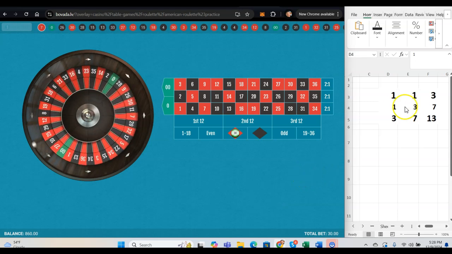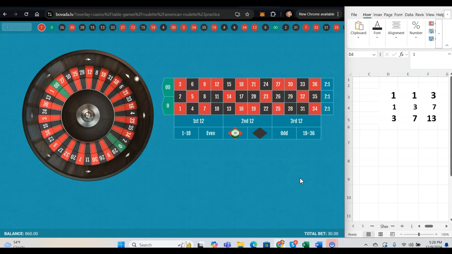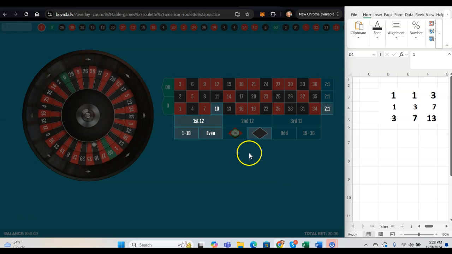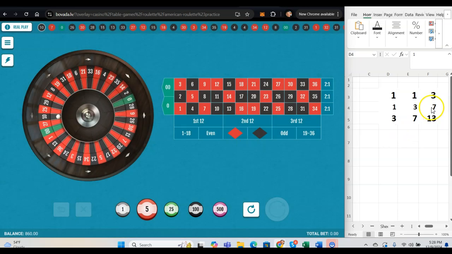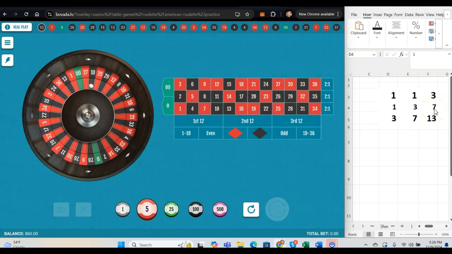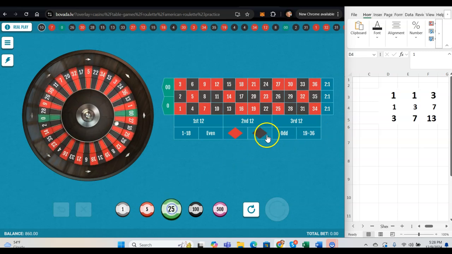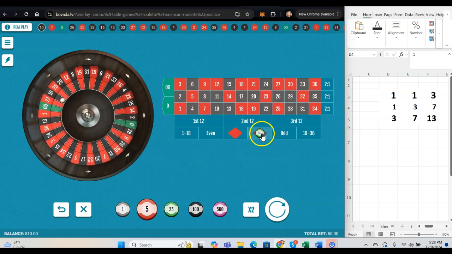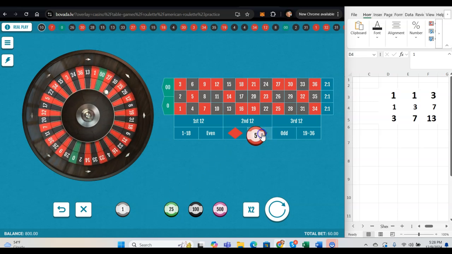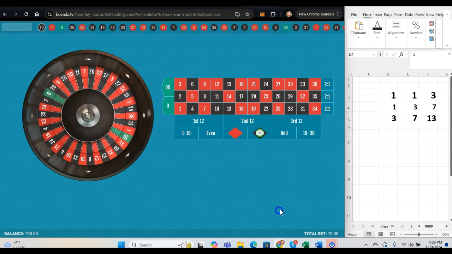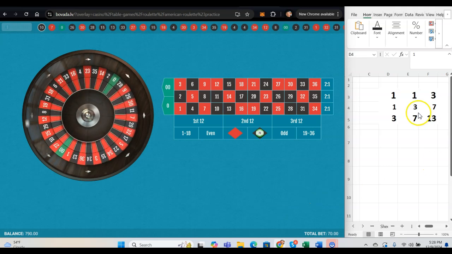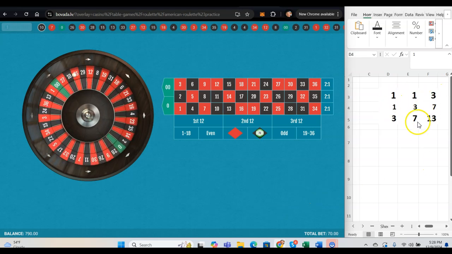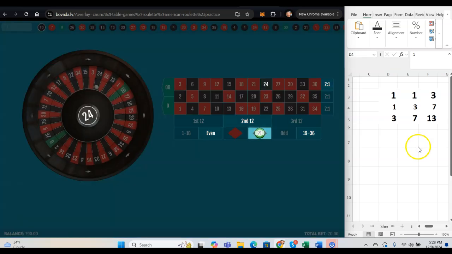But if you were martingaling, you'd already have lost your entire bankroll. Lost again. We're on bet number 3, 7 units. So if you're understanding the way you're moving through the stages, that's what I'm trying to show you.